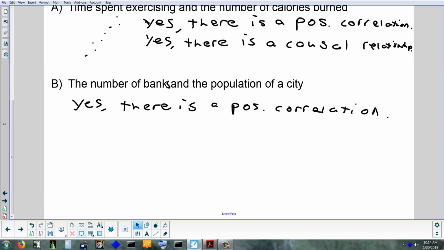No. Changing one doesn't automatically change the other. All right? If Fitchburg goes and builds 3 new banks today, it doesn't mean that all of a sudden we're going to have 100,000 new people. It doesn't. Changing one doesn't automatically change the other. So no, I would say there is not a causal relationship.